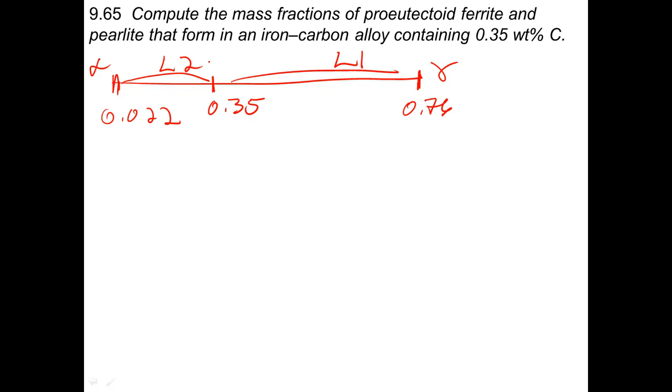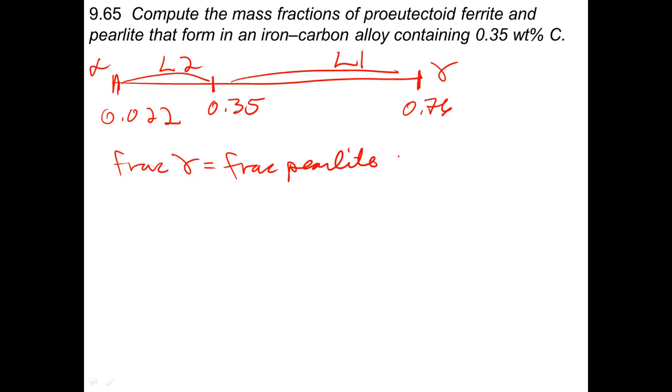So I've shown that tie line that exists just above that eutectoid temperature, and it's bounded on the right by austenite, bounded on the left by ferrite. Once again, recognizing that austenite will completely transform to pearlite.